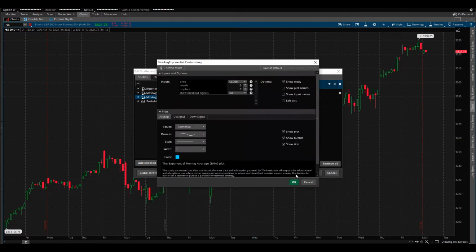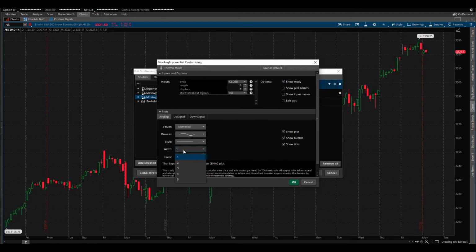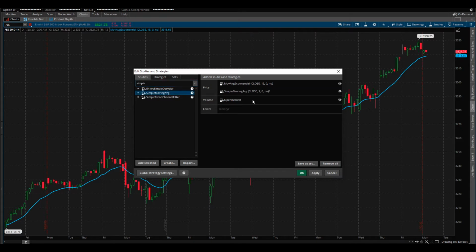That's actually a pretty good color, but we'll just do that. I like to make these a little bit thicker, so I use a 2 on those. So there's the 15 exponential moving average. I'm going to add in the simple moving average, and I use the 50.